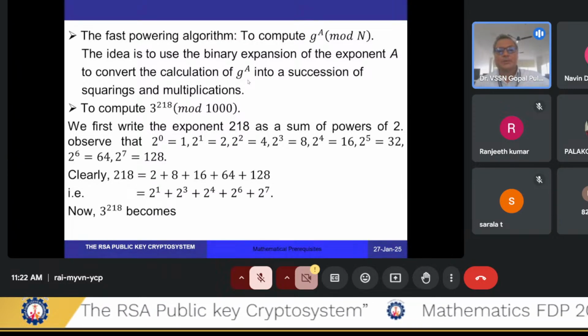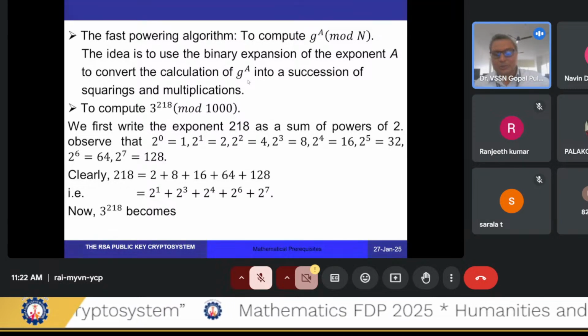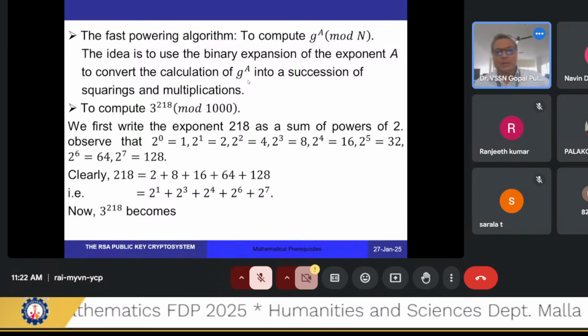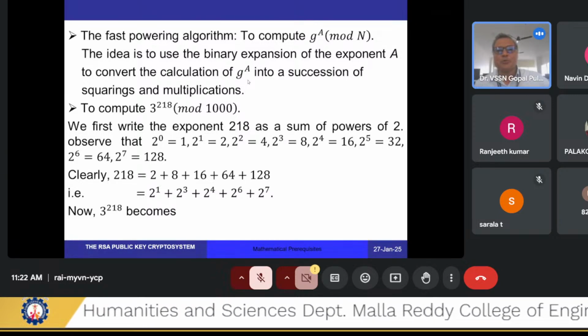As an example here I took 3 raised to the power 218 under mod 1000.